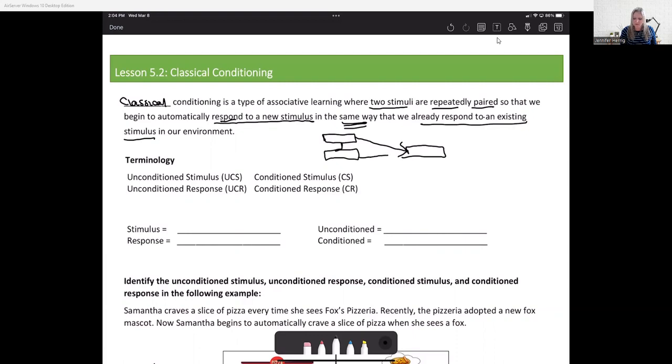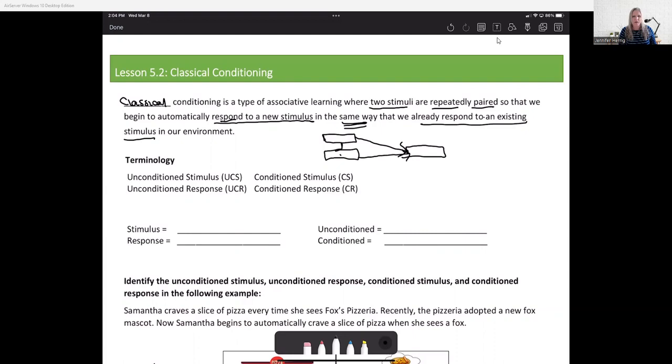So we want the same response to two different stimuli. So that's really what this boils down to, is we're going to pair two stimuli together to eventually get the same response. One of these already exists and one of them is going to be new.